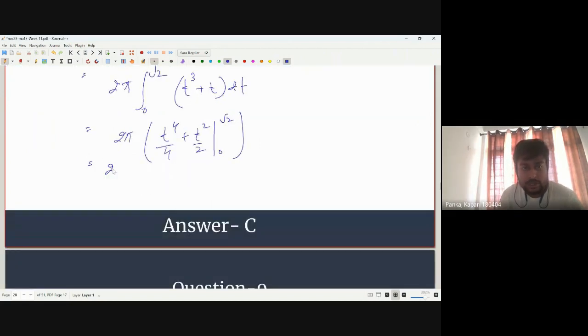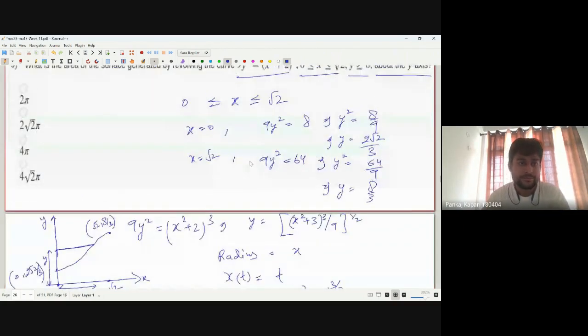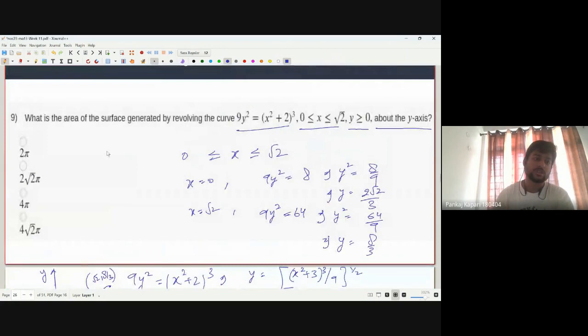After taking the limits, you have 2 pi times: root 2 to the power 4 divided by 4 will give you 1, and root 2 square by 2 will give you again 1. So 1 plus 1 is 2, and you have 4 pi as your area. So the third option is correct here. 4 pi is the area.